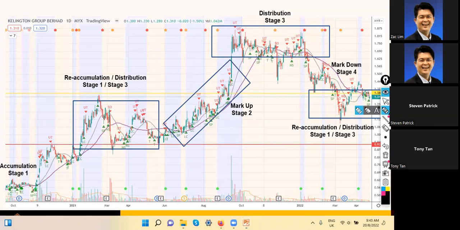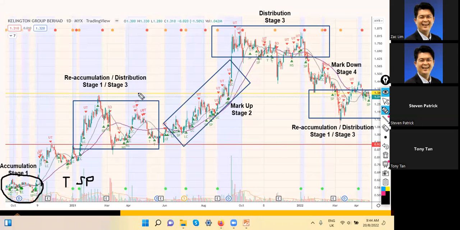During the accumulation, if you are making this bigger here, this is an example of a KGP. Usually in this stage there are seldom a lot of upthrusts, it will be more on T and SP.